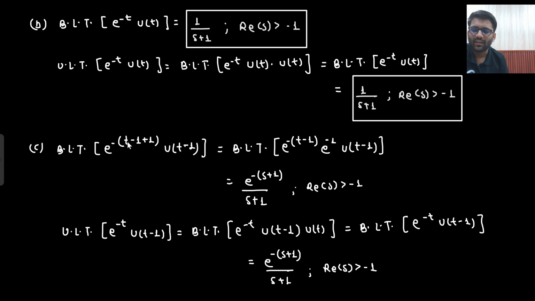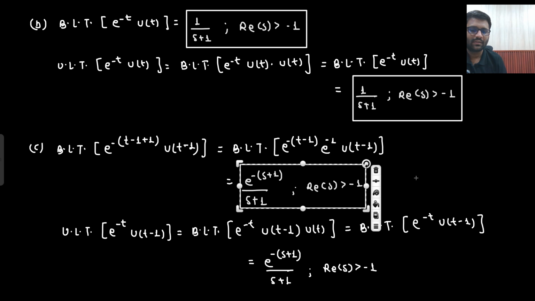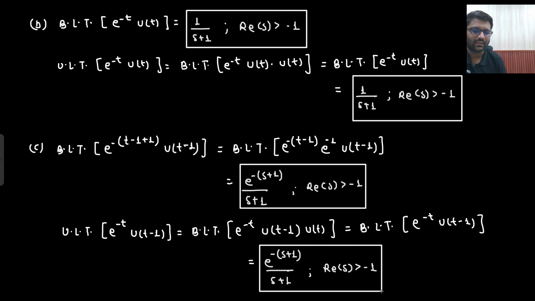Right, here e to the power minus (t minus 1) and then the minus sign is there, so e to the power minus 1 is coming out. So e to the power minus 1, e to the power minus s upon s plus 1, right? Because e to the power minus t u of t will give 1 upon s plus 1, and here e to the power minus 1 was there. So this is the answer we are getting, real part of s greater than minus 1. Here also both are coming the same, but it is not always necessary, somewhere it will change. So we need to have some patience for that, right?